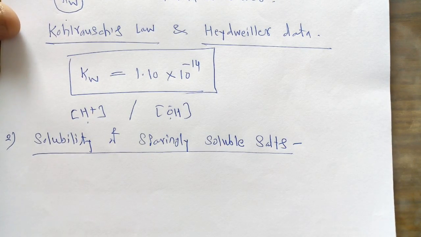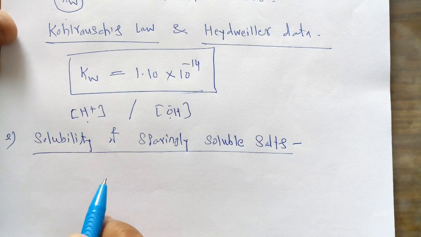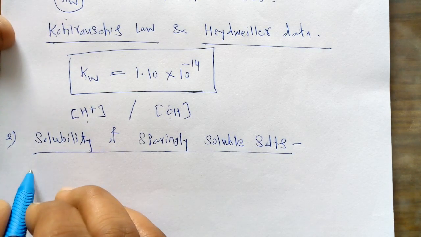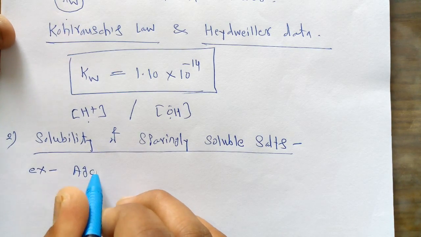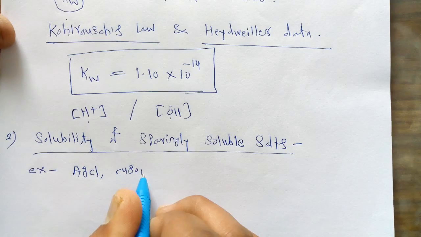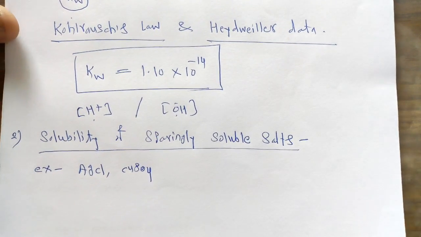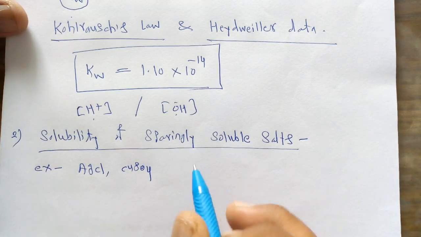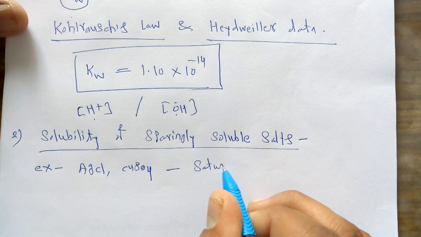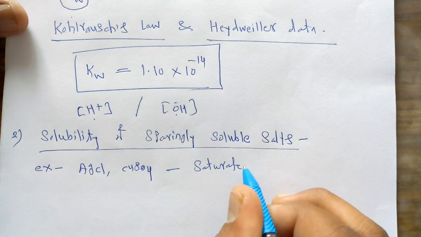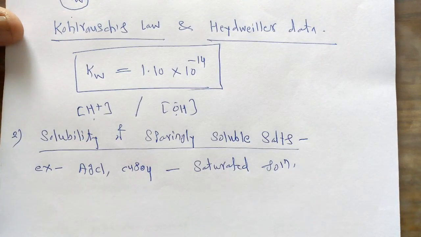So for this purpose, suppose we take the salt as AgCl or copper sulfate, we have to consider these sparingly soluble salts and their saturated solution.